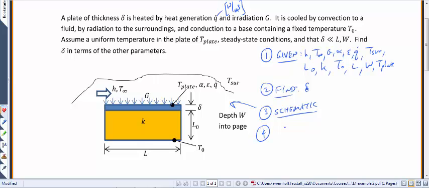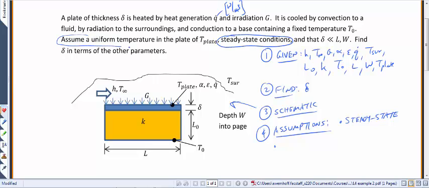Which means we can then jump to our assumptions. First, we know that this is under steady state conditions. So the first assumption is steady state. Second, we can assume a uniform temperature in the plate of T sub plate.